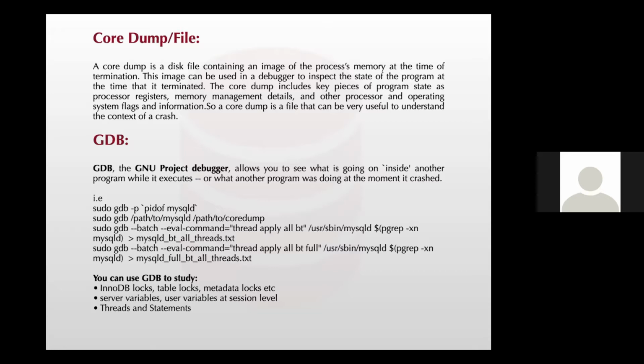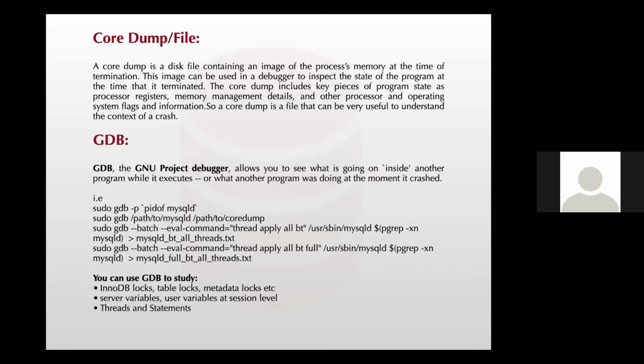You cannot only use GDB with the core dump; if your process is already running and you want to get details about what exactly is happening on the system, you can also run GDB at the same time. As per the slide, you can run GDB with the PID of MySQL, and GDB will automatically attach to the MySQL process.